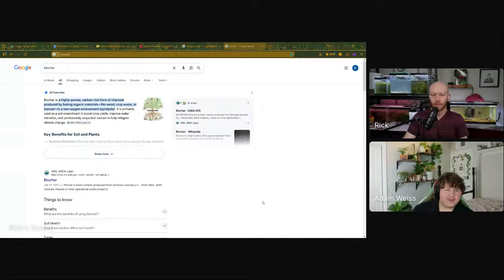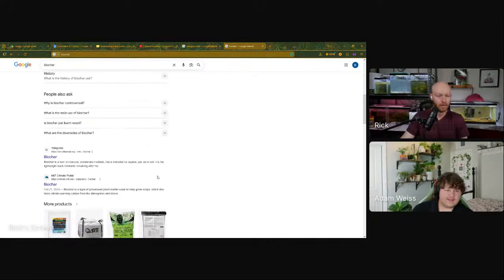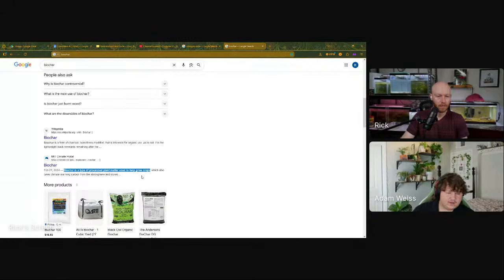I've never added biochar to fish tanks or as soil amendments. It's interesting. I kind of get the idea. It makes sense on the carbon front. Yeah, it's interesting. I've never tried it.